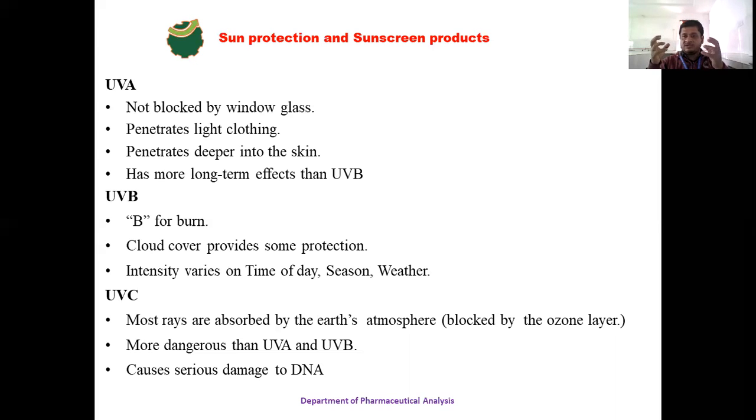Whenever you apply the sunscreen product, it makes a layer over the skin, so that it reflects back the UV rays, or the product itself absorbs those rays, so that it protects our skin. Our main concentration is to protect the skin from UVA rays and UVB rays, and mostly from UVB rays.